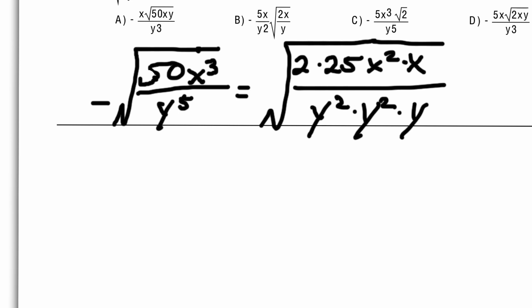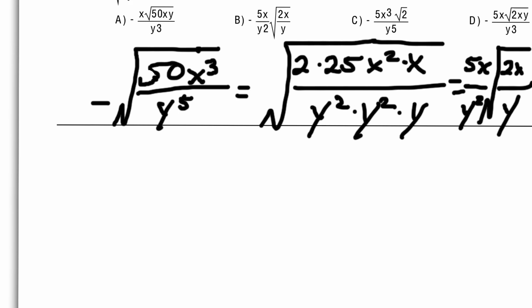So we're going to take out a 5 and an x out of the top, and that will give us a 2x left. And on the y's we can take y squared out, and that leaves a y inside.